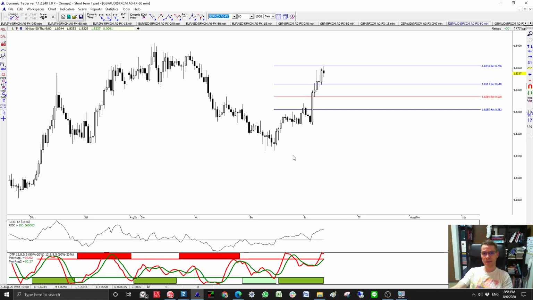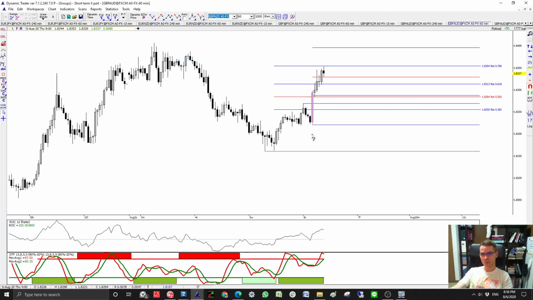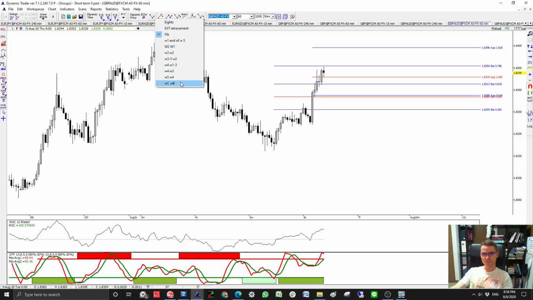If it goes beyond that, then it's not a retracement anymore and the market might not come back. So we'll see how it goes.